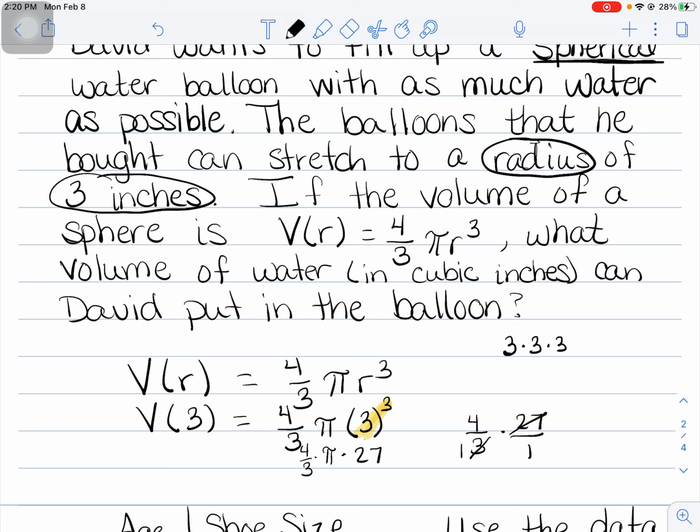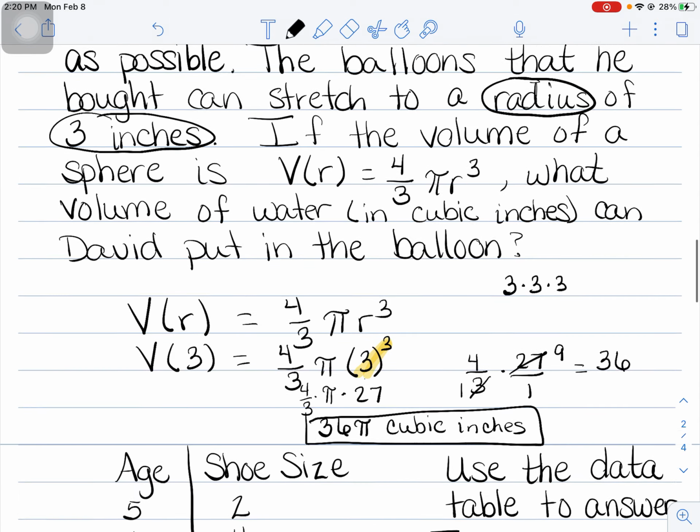Well, I know that is 9. So then I just multiply straight across. 9 times 4 is 36. So my answer would be 36 pi cubic, because cubic is 3D, inches. So that's the amount of water he could fill in that balloon, because volume is how much water can be held inside of something.